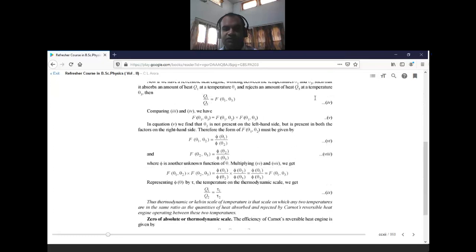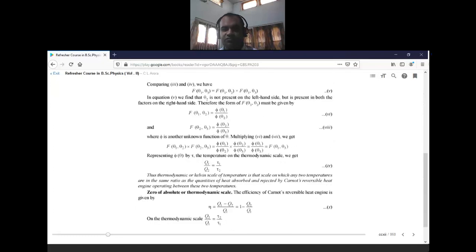Okay, let me write. So Q1 by Q2, what was it? Q1 by Q2 was found to be a function of theta 1 theta 2.